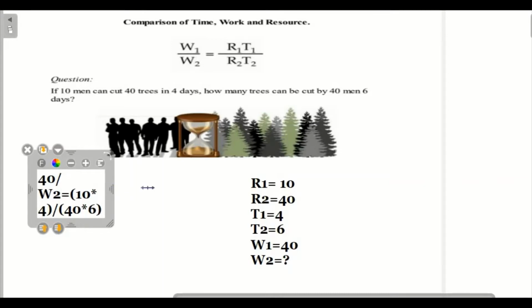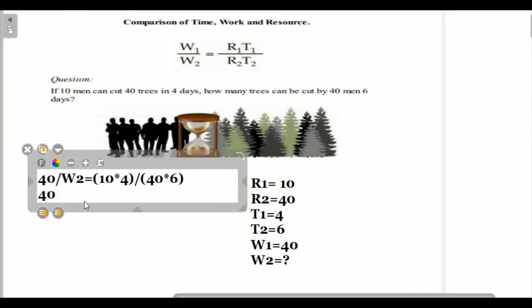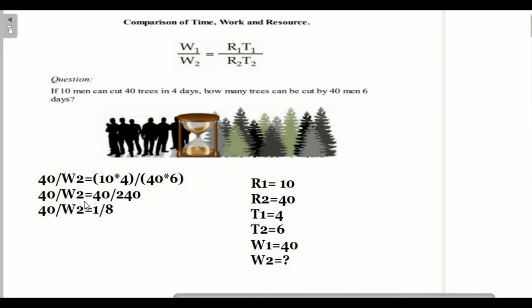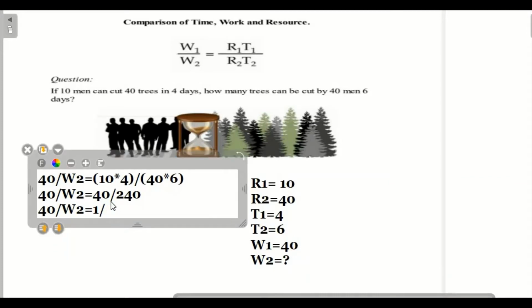Okay, so we have to calculate: 40 divided by W2 equal to 40 divided by 240. So 40 divided by W2 equal to 1 by 6.